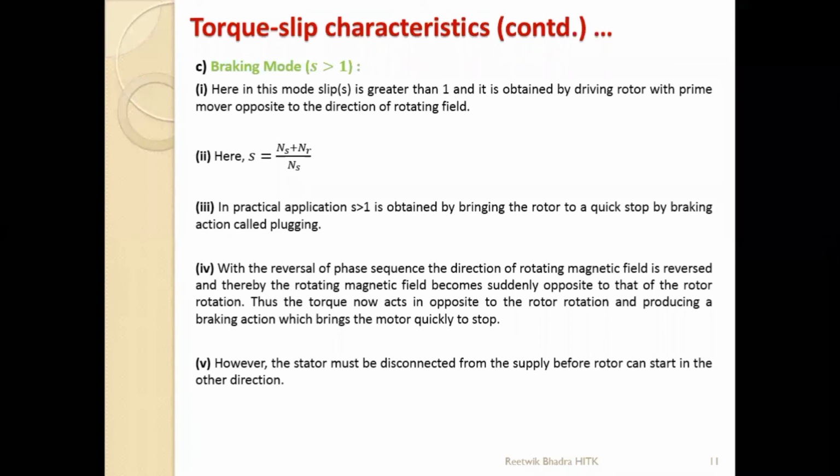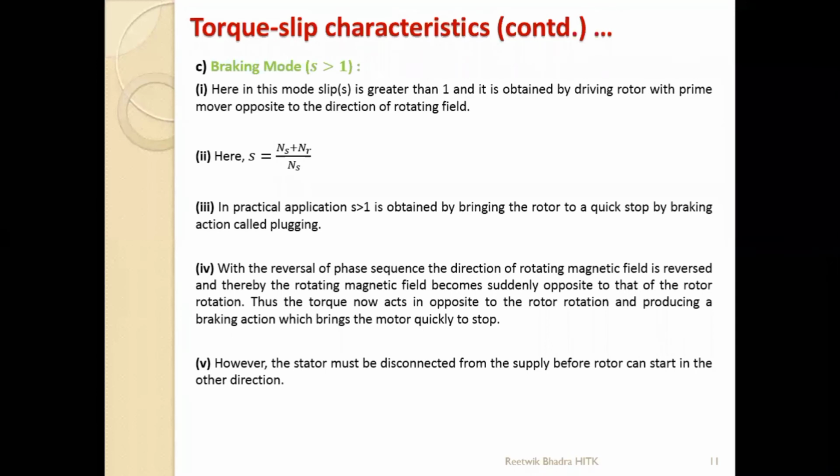If you change any phase terminal, A, B, C, there will be a phase change, and automatically the rotating magnetic field will start rotating in the opposite direction. Then torque will be developed in the opposite direction, and that torque will stop your motor.